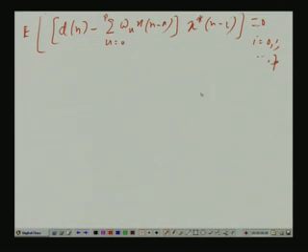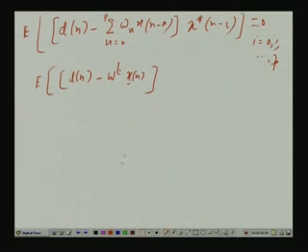What I do is, I generalize this as dn minus w transpose xn, where x is a column vector and w transpose is a row vector. This is a scalar.